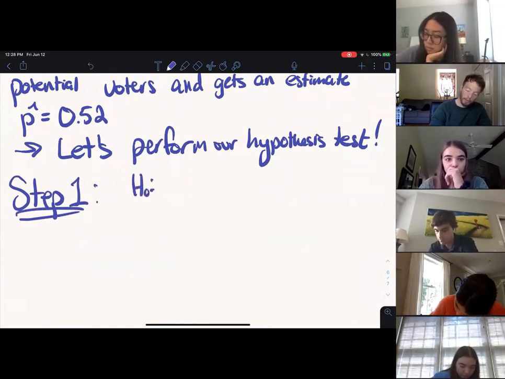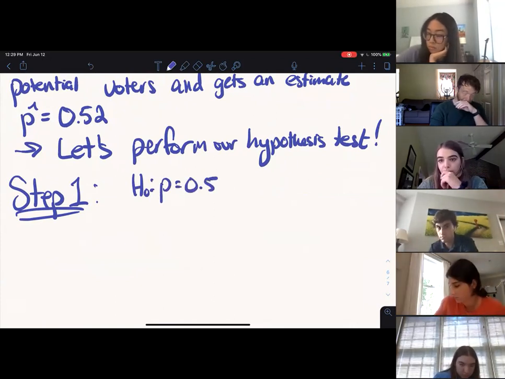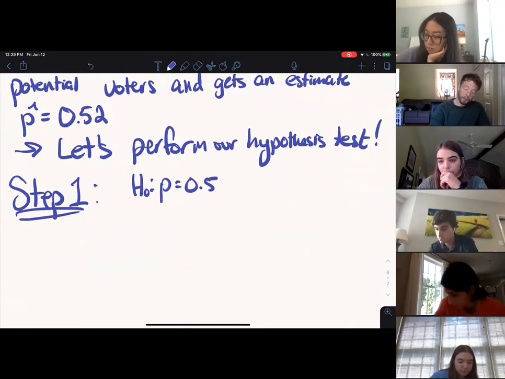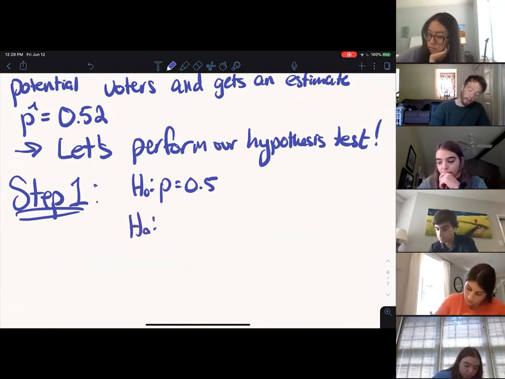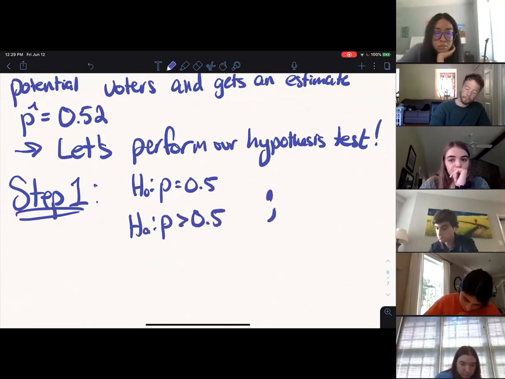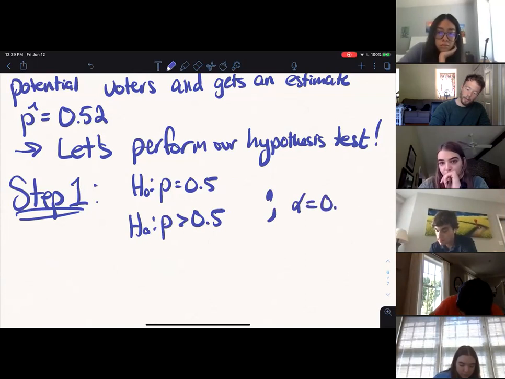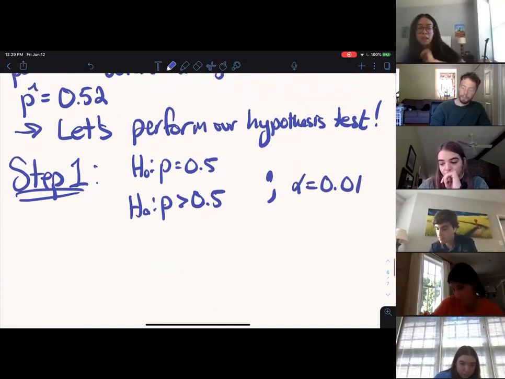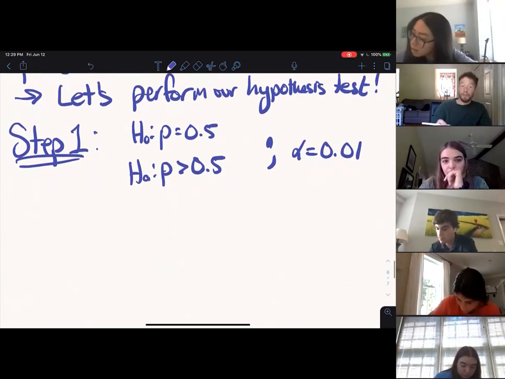So our null is that p is equal to 0.5, the true population proportion is equal to 0.5, versus it being greater than 0.5. And let's do this test at alpha of 0.01.